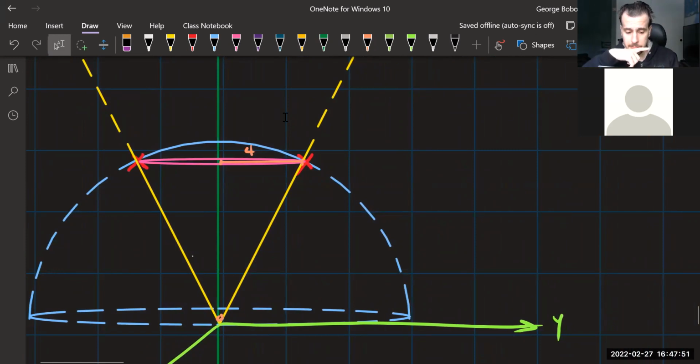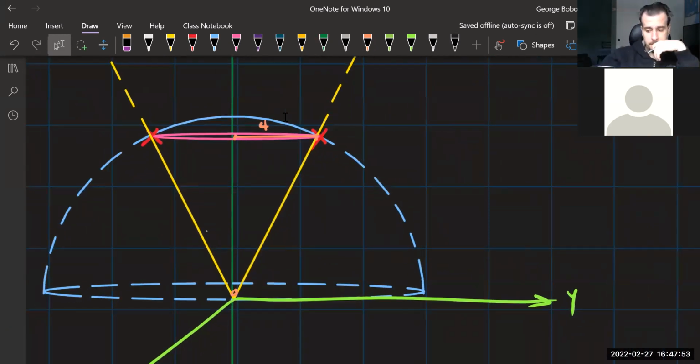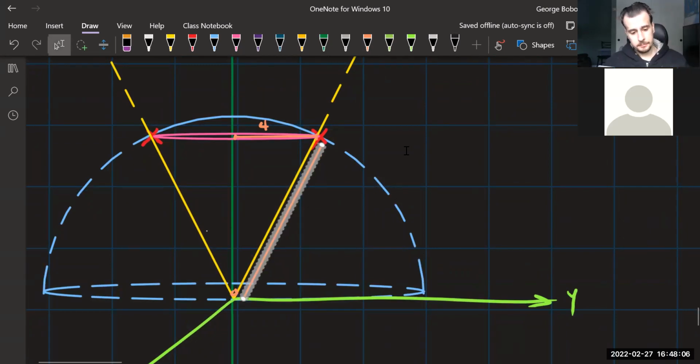So I'm taking a look over there. That's 4. And I think I know one more side here. I'm going to bet that you know this side over here. Can you think about what this side is that I'm drawing? It goes from the center of the hemisphere, and the intersection happens at the surface of the hemisphere.